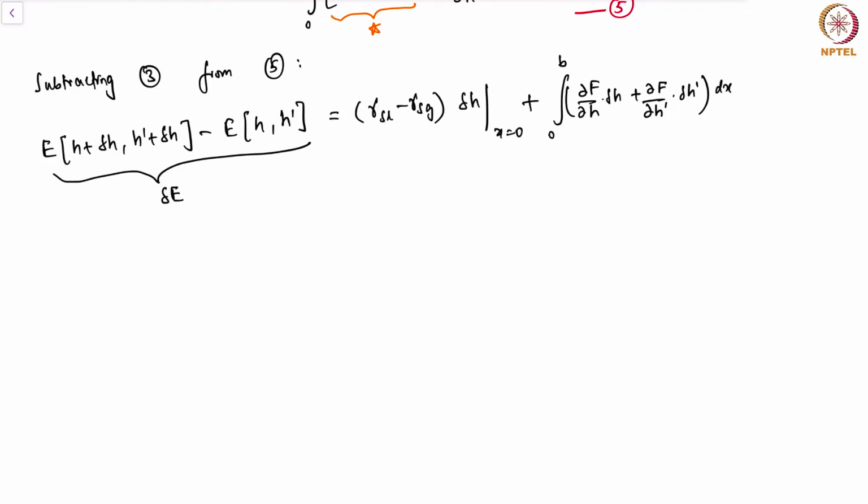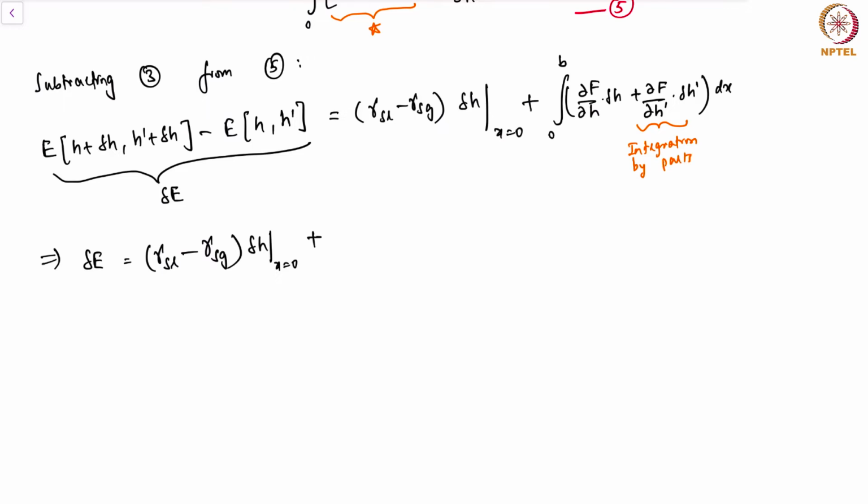So now delta E is simply going to be gamma SL minus gamma SG of delta h at x equal to 0 plus, if you look at the second term here, I can do integration by parts for this. Let's write down the first term here.